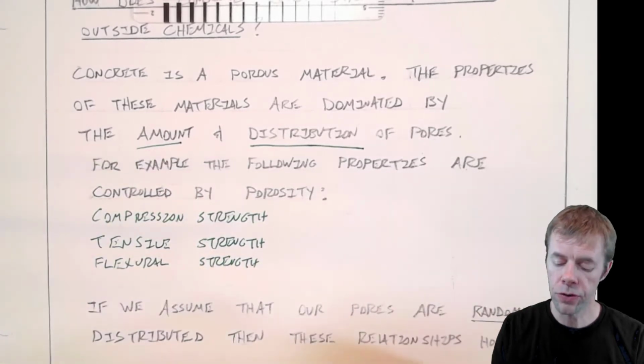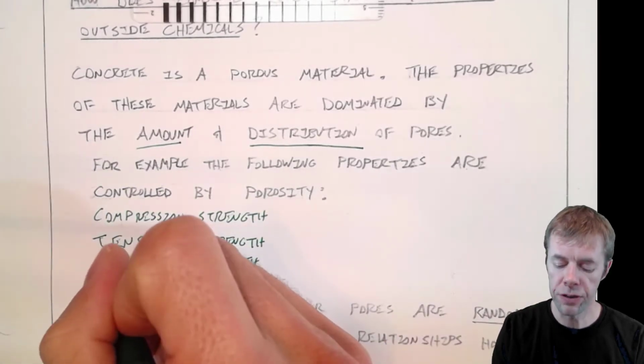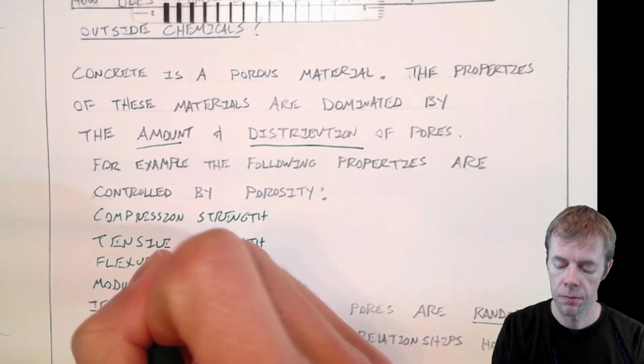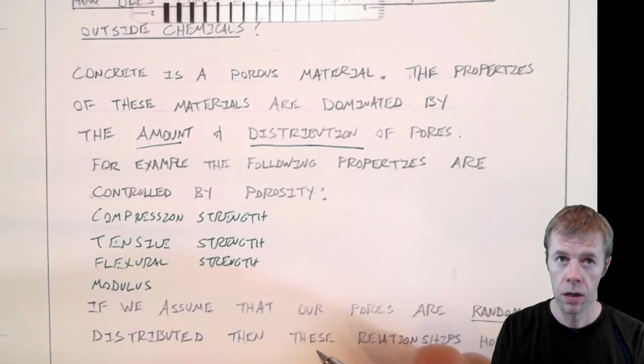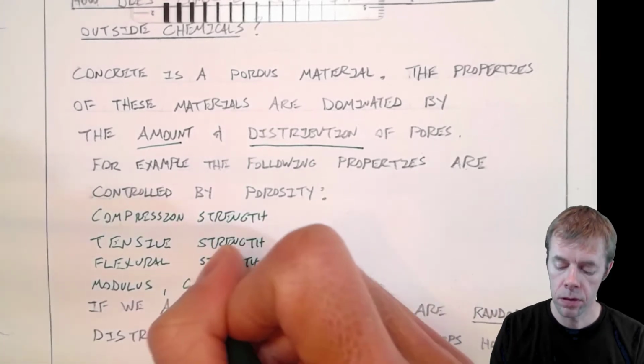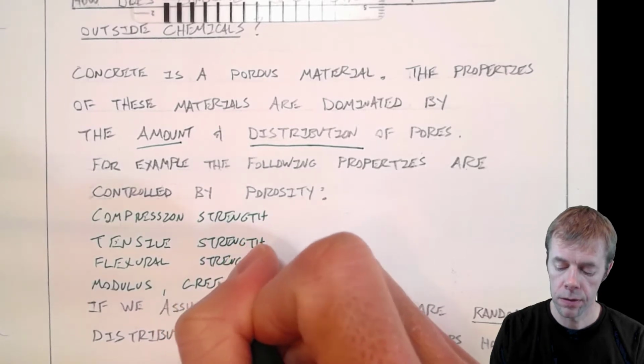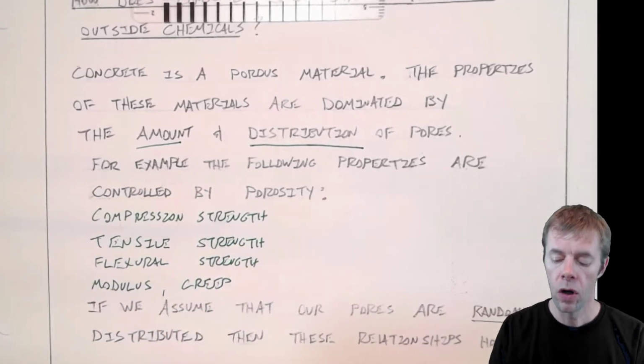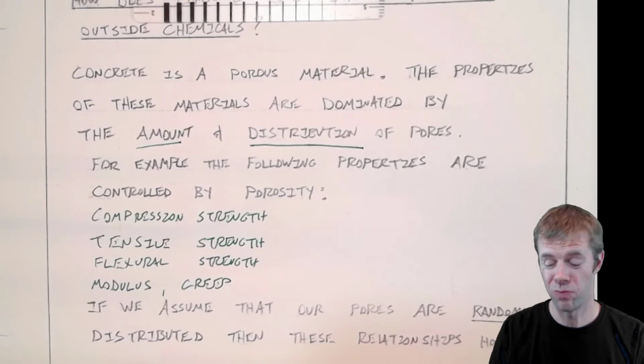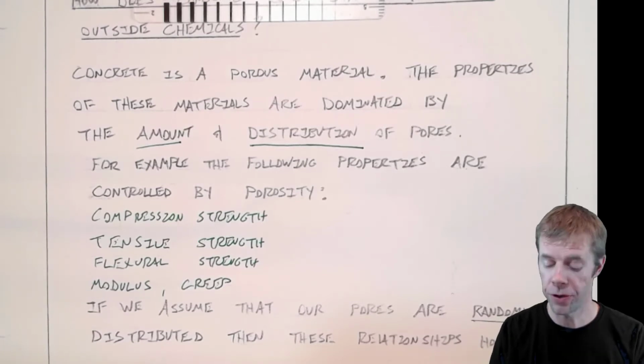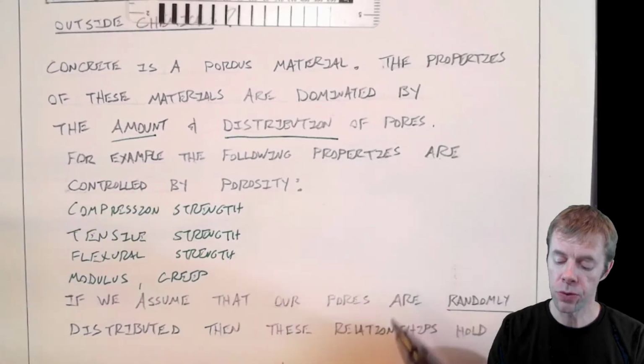But we could also say things like the modulus, that's the stiffness. The creep. All these things are controlled by the porosity of the material. But there's other ones as well.